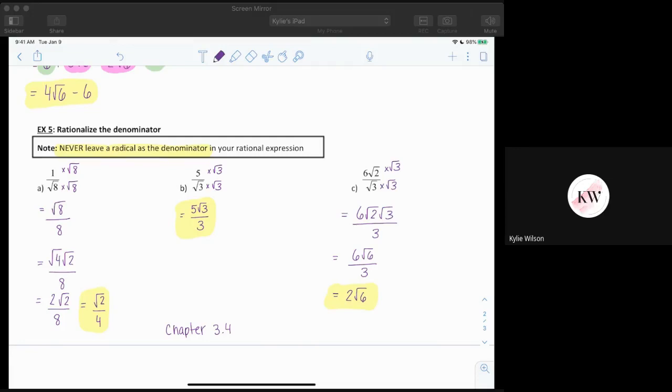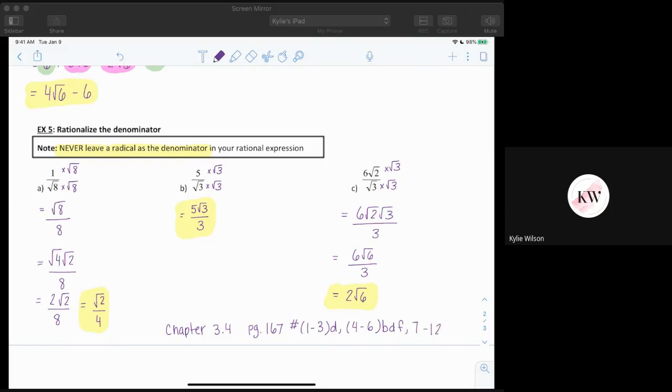It's on page 167, numbers 1 to 3, just D, 4 to 6, B, D, and F, and then 7 to 12.